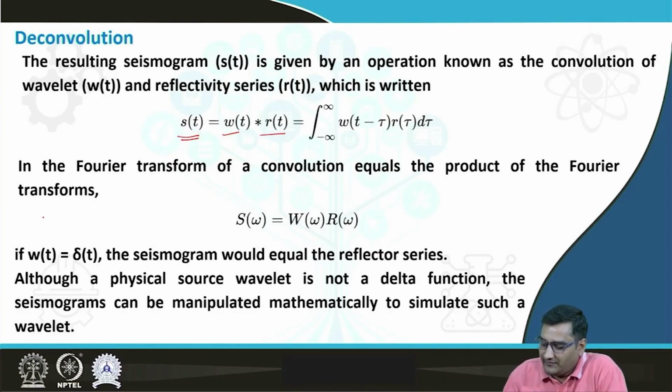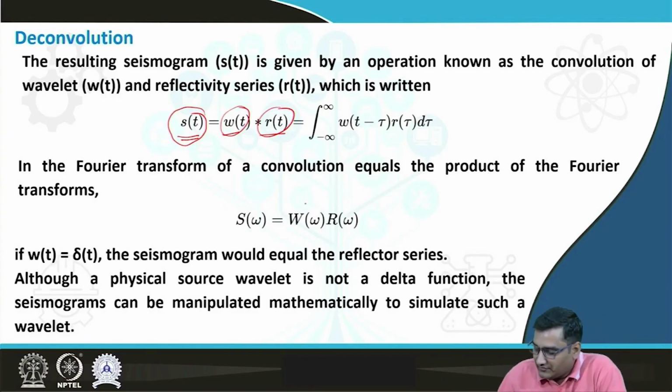When we do the Fourier transform, it is converted into the frequency domain, and in the frequency domain convolution equals the product of the Fourier transforms. So S(ω) is the product of the wavelet and the reflectivity series in the frequency domain.